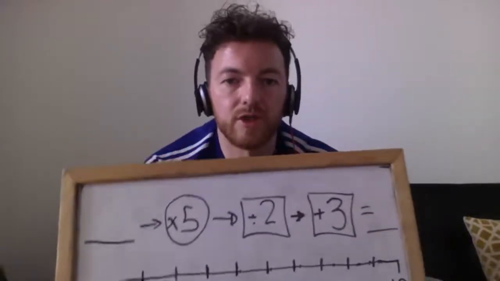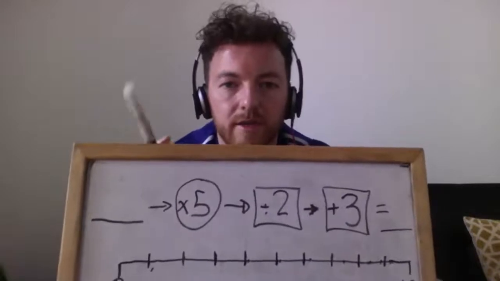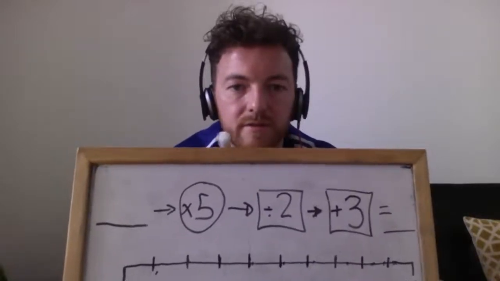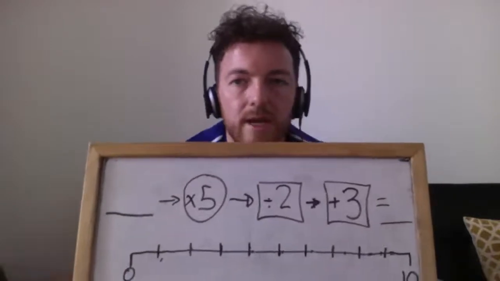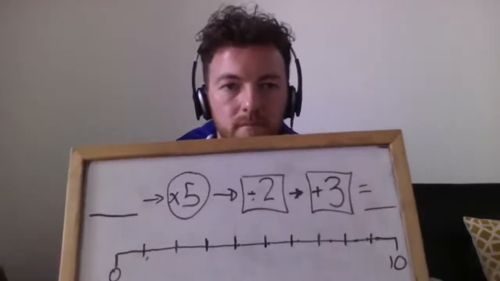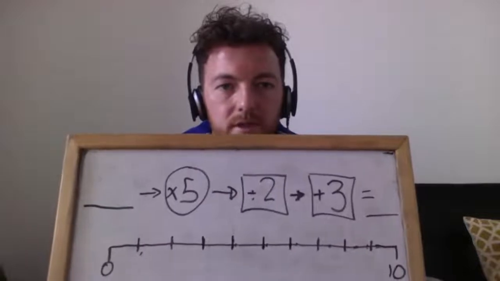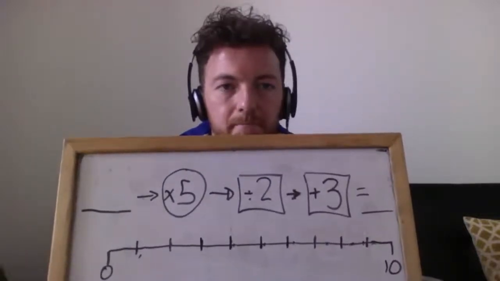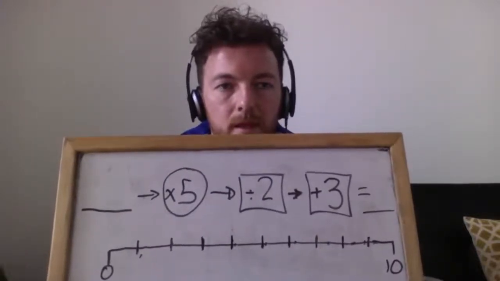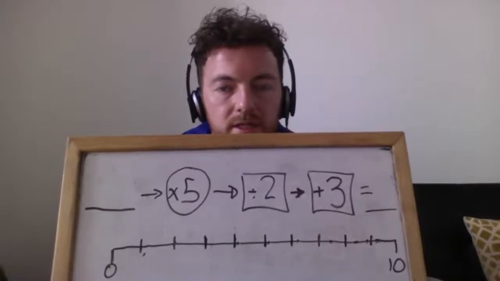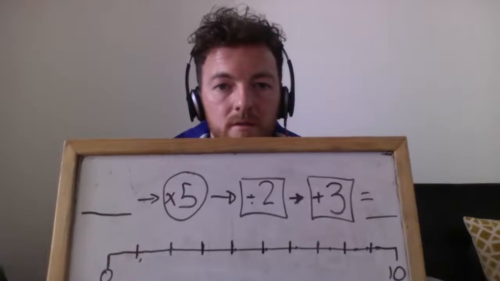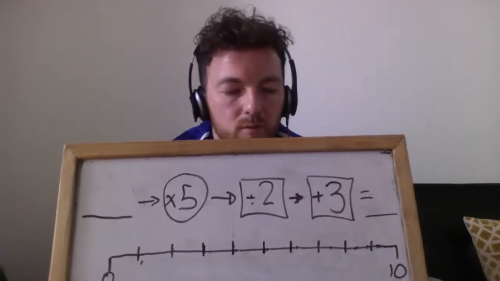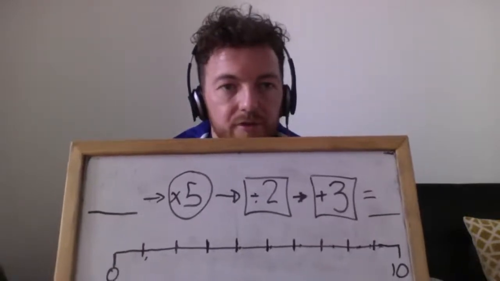So run them through the generators. Let's see, can you do it all in your head? Pick the number, times it by 5, divide it by 2, add the 3 on, see what you get. And because the numbers are bigger, I'll give us extra time. So you've got still about 10 odd seconds left. See how far you can get. So any number between 100 and 1,000.